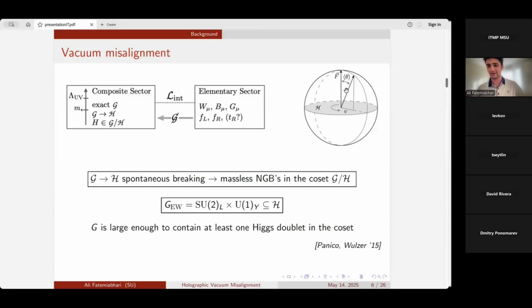So theta is a direction to the true vacuum, which is unique. Right? Yes. Theta determines the true vacuum. Thank you.